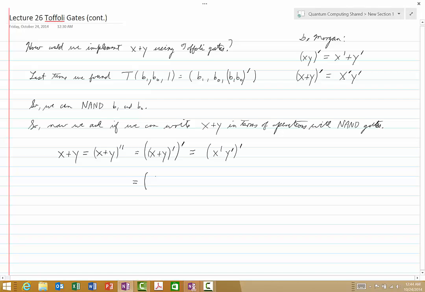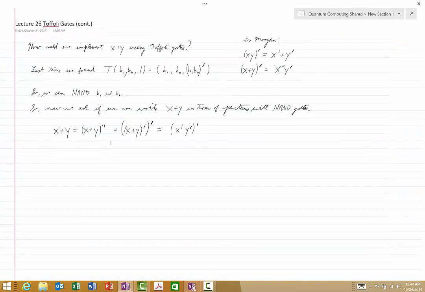Let me put it this way. T of 1, 1, X is equal to 1, 1, X prime.